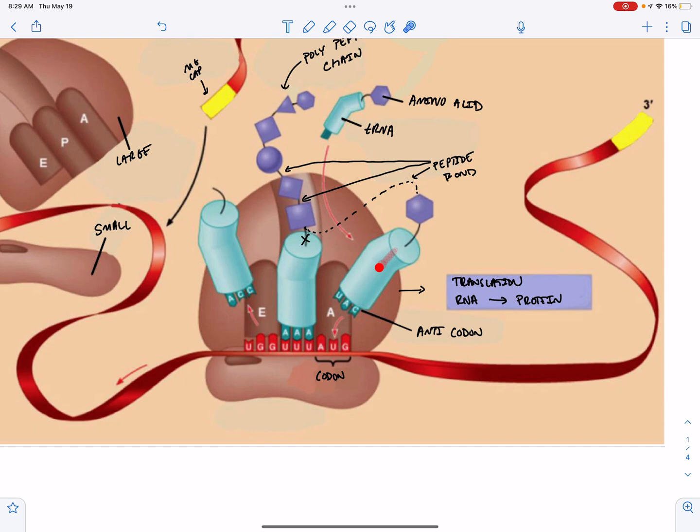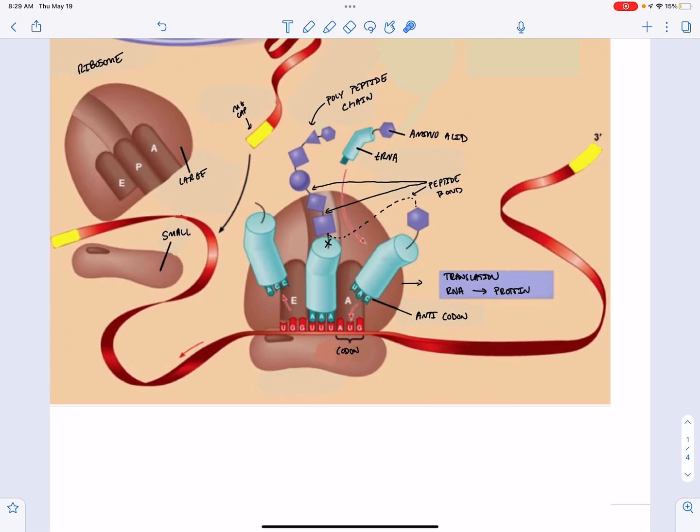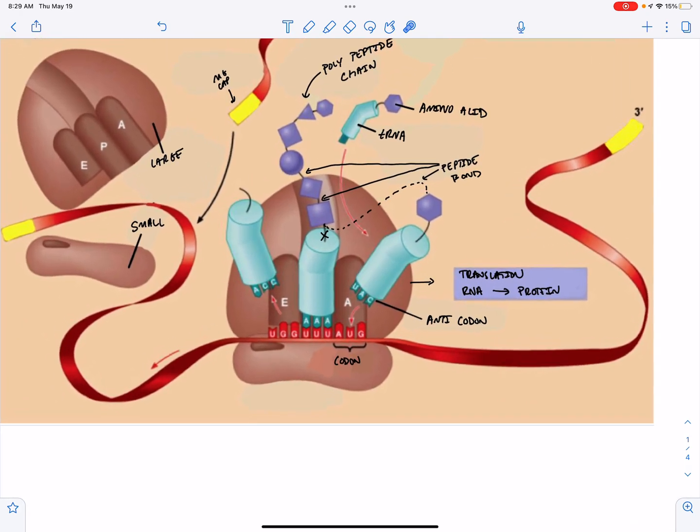So this guy will now be in the P site. The A site will be empty and ready for the next codon to be read and a new tRNA to come in. And this guy will be in the E site ready to exit the ribosome. So this is the secret of life.